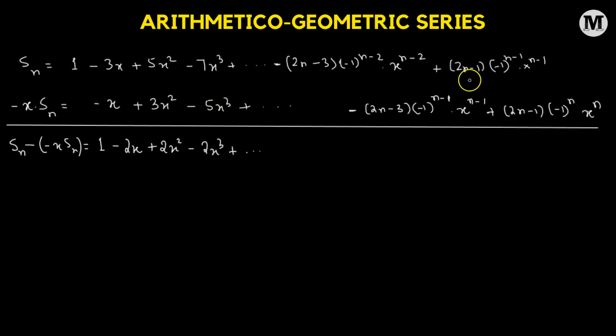Now we're going to consider the last term of Sn and the second last term of negative x Sn. We are choosing in this particular fashion because here we can take x raised to the power of n minus 1 times negative 1 raised to the power of n minus 1 as the common factor.